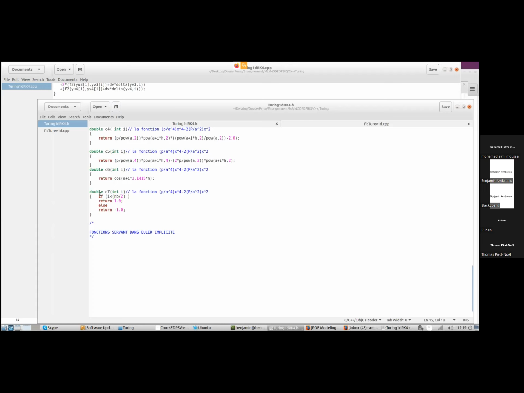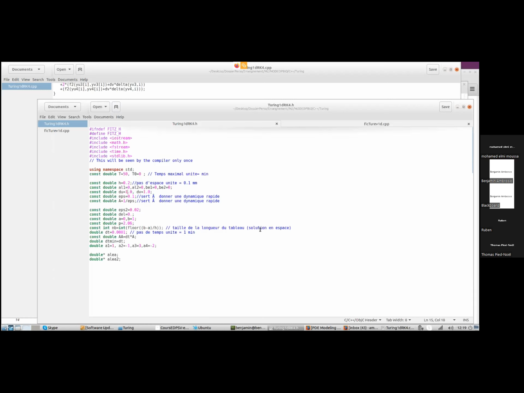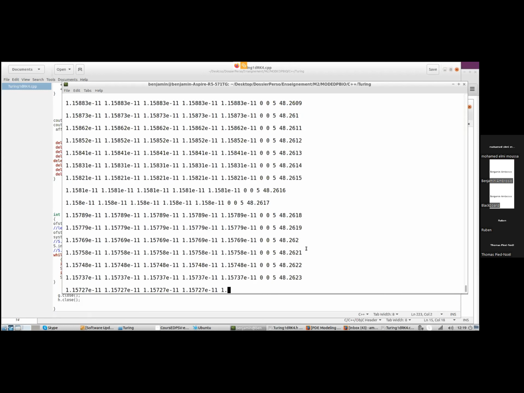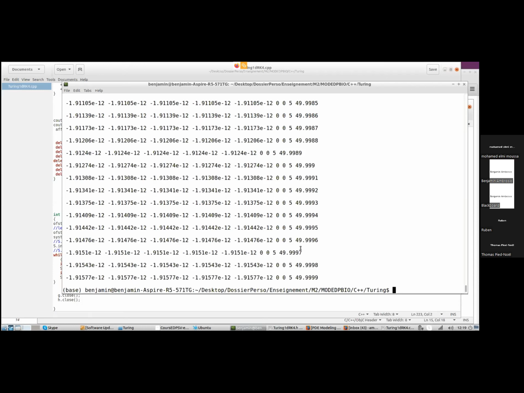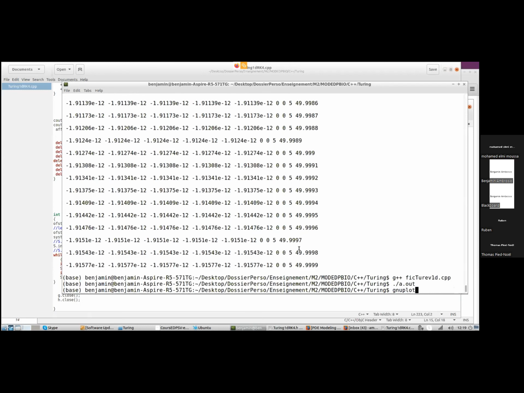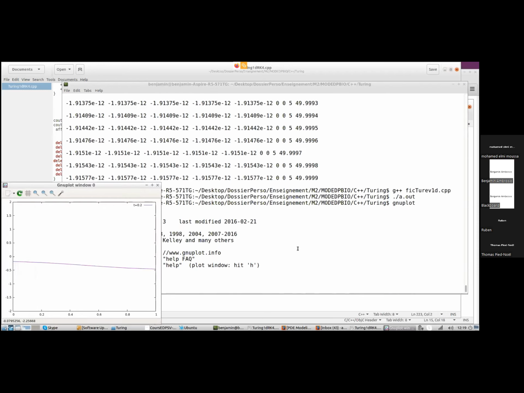Okay, so C7 is that. Okay, so it's still going to zero.